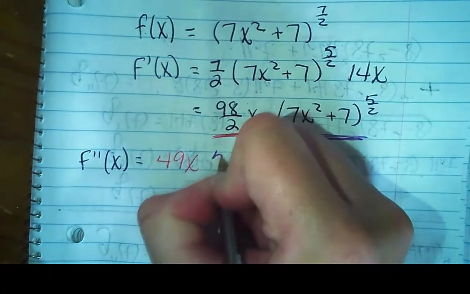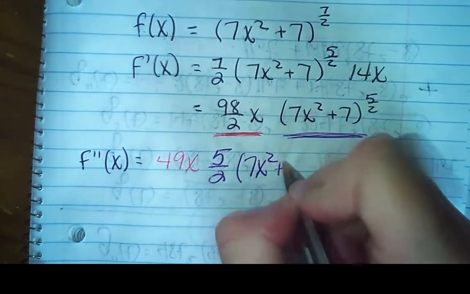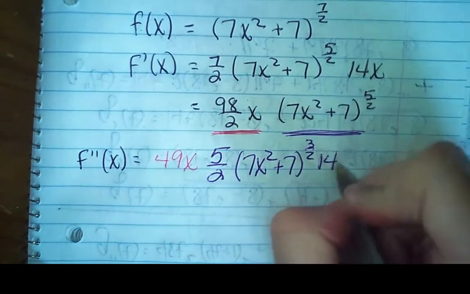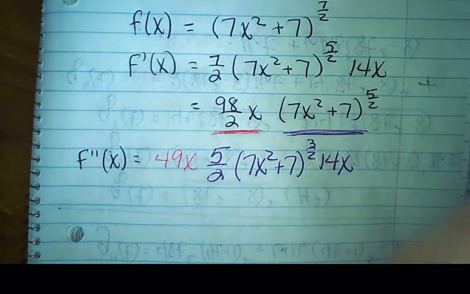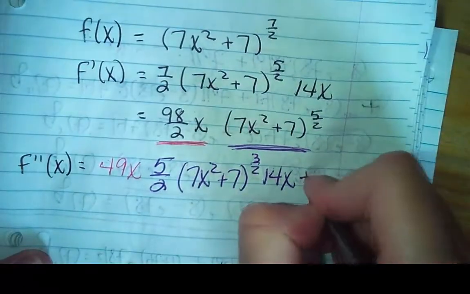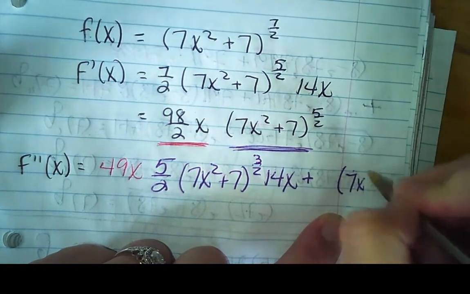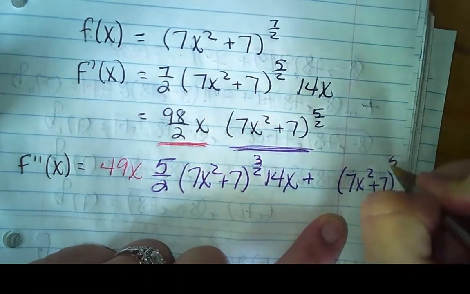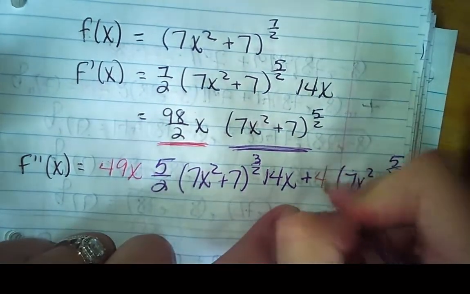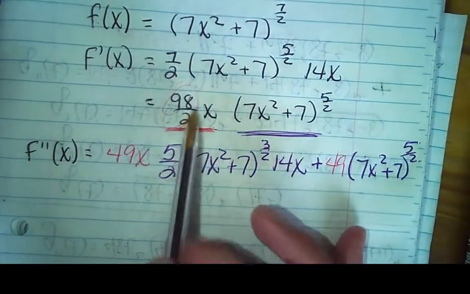The derivative of the second is 5/2 times 7x squared plus 7 to the 3/2 times the derivative of the inside, which is 14x. Plus the second, 7x squared plus 7 to the 5/2, times the derivative of the first, which is 49.